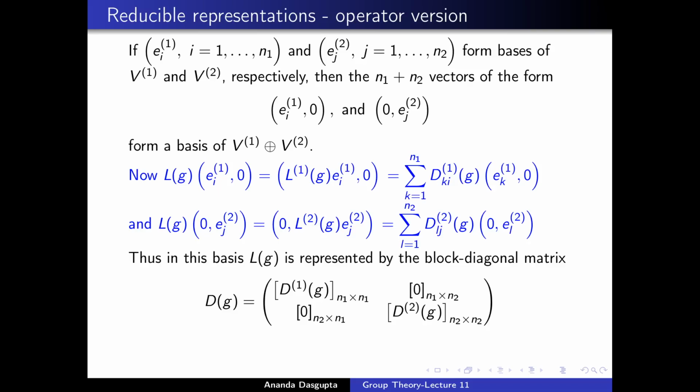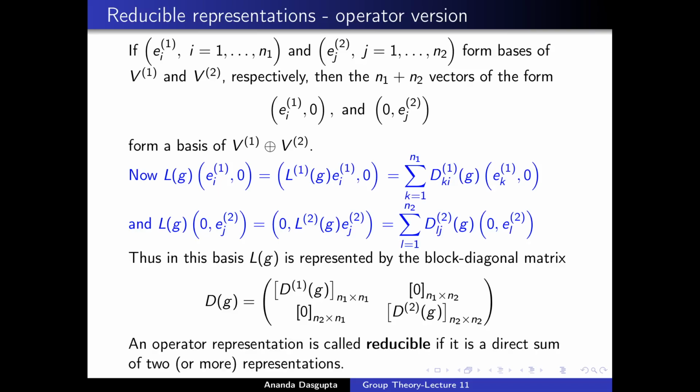Now, in the case of matrix representations, we had stated that a matrix representation is reducible if it is either block diagonal or can be converted to a block diagonal form by some similarity transformation, the same similarity transformation acting on each and every one of the matrices. For an operator representation, the definition of reducibility is slightly easier.